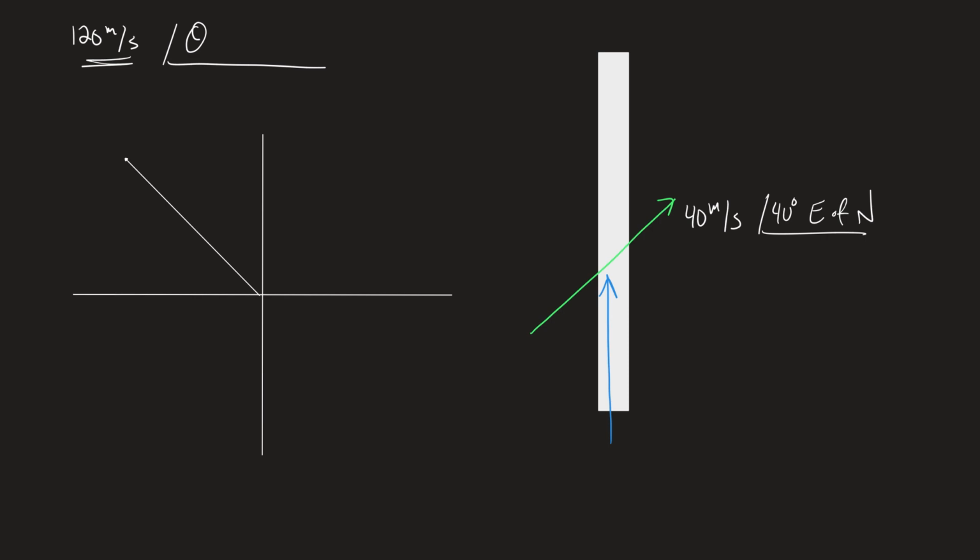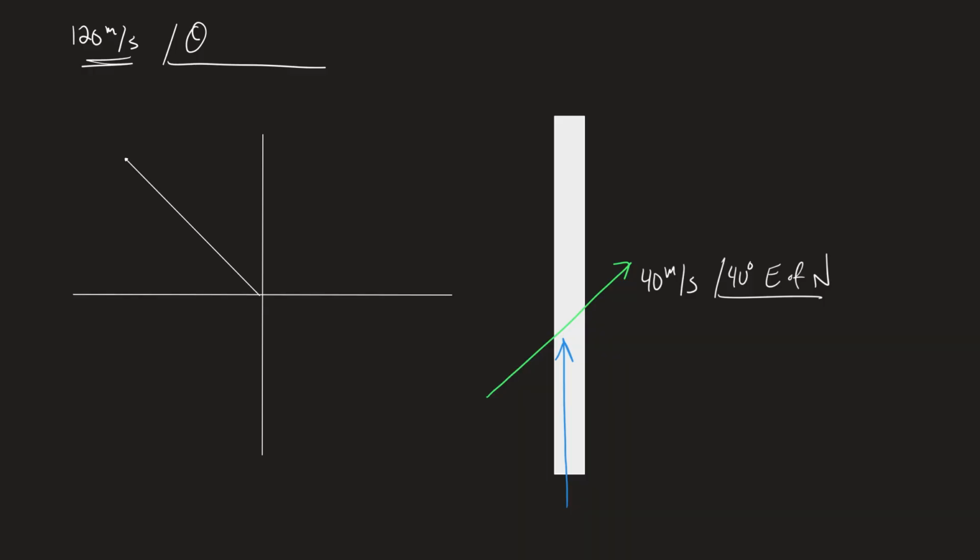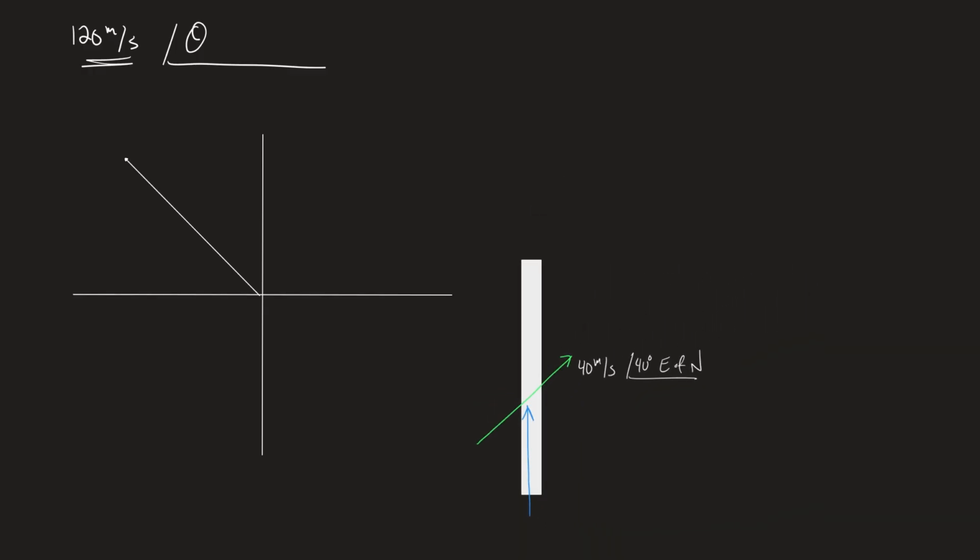Now let's work the problem, but let's also understand that in working this problem, I'm not going to change the procedure. The thing about any procedure I give you is that it should work in all circumstances, and it will work in this circumstance. Meaning procedure 1 is still to lay out your vectors and break them up into rectangular components. So I'm going to have the plane's and the wind's velocities here.